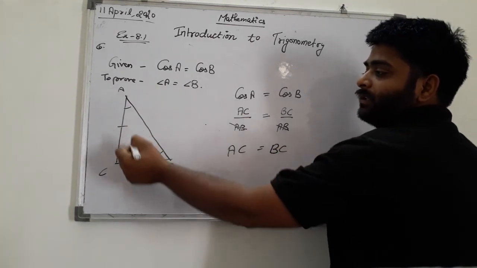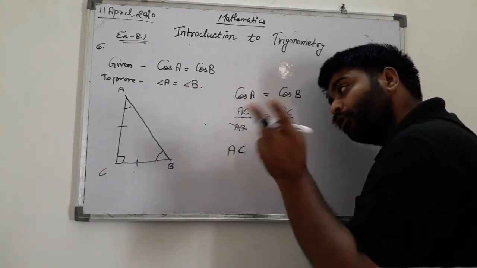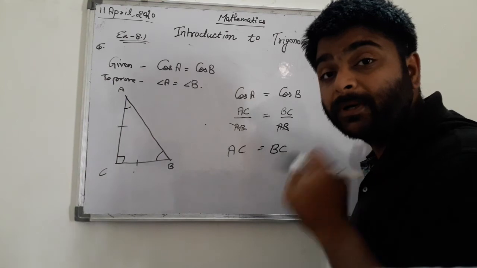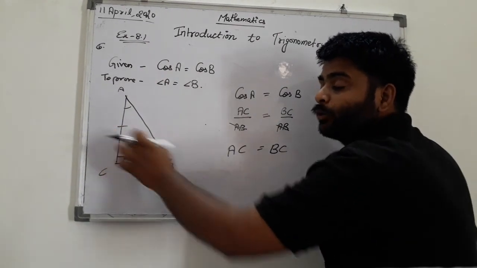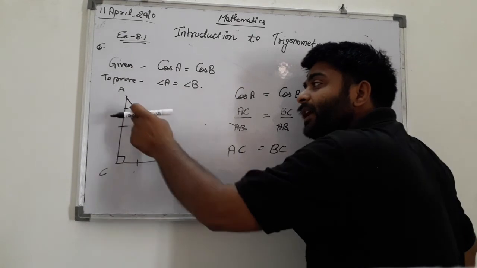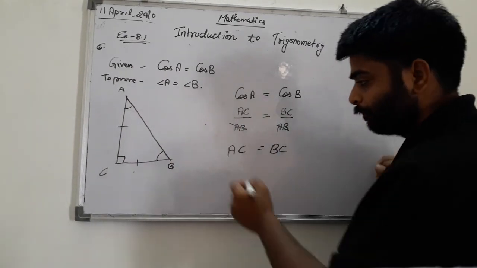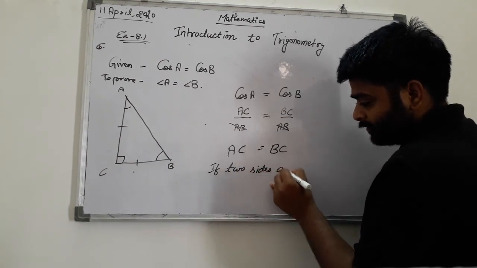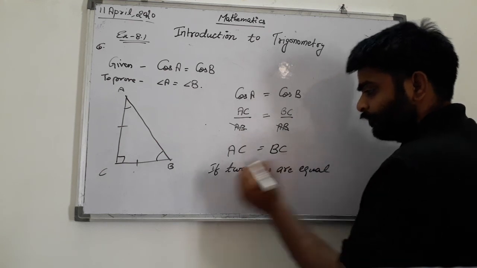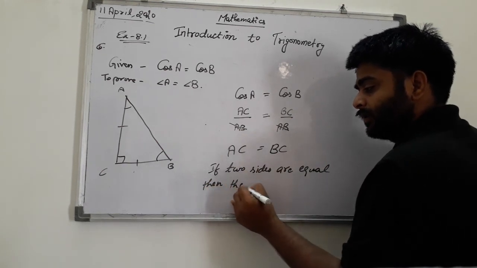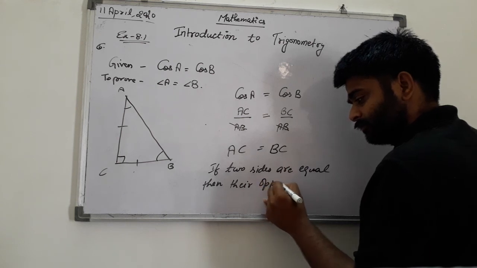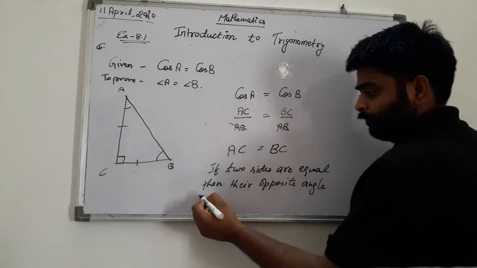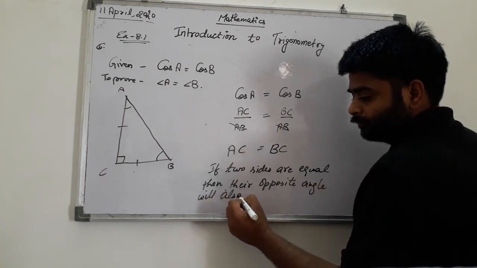कि AC and BC both are equal. If both are equal, then we have studied the isosceles triangle property, that if two sides are equal, then their opposite angles are also equal.